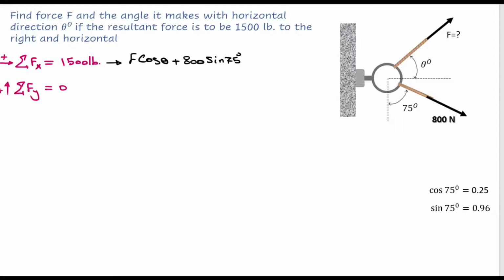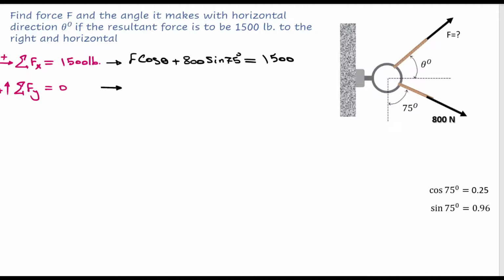So F cosine theta, this component of F here, plus 800 sine 75, and we don't have any more, but we know these x components are making 1,500 pounds.